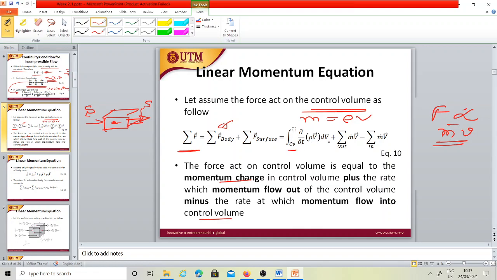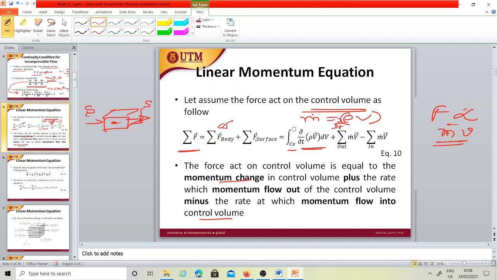Because we have the rate of change, you need to consider the dot, meaning you take the derivative with respect to t. The change of rho v means m dot, so we write del by del t of rho v. This is the body part.